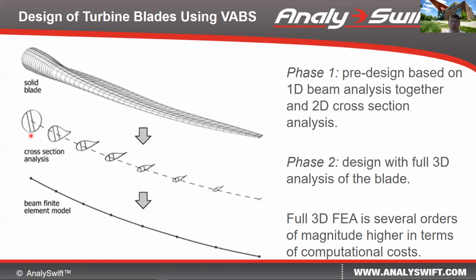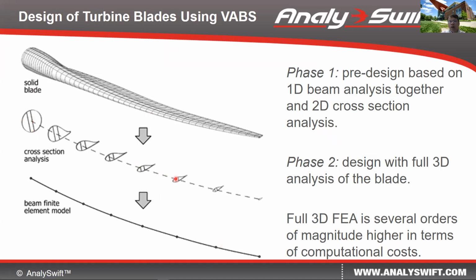For each cross-section, we use VABS to carry out the cross-sectional analysis to get the corresponding cross-sectional properties. These properties are put into the one-dimensional beam finite element analysis to carry out the static, dynamic, linear, or nonlinear analysis. After we finish the beam analysis, we get the global behavior in terms of forces and moments, curvature, strains, and deflections.